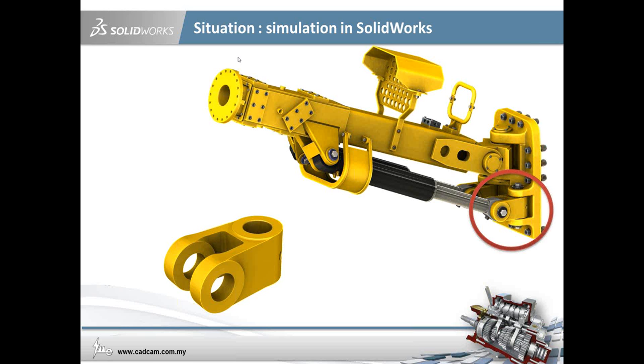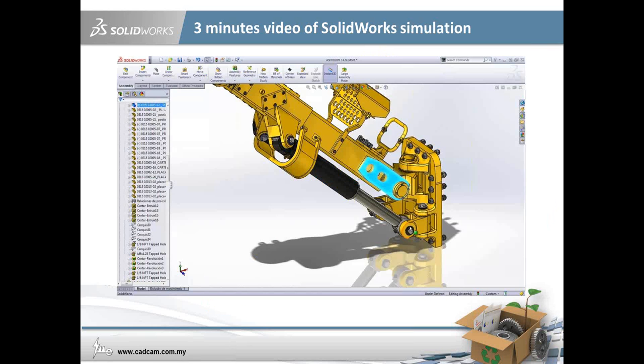The load we're looking at is around 180,000 Newtons. Again, 180,000 Newtons of load will act on this knuckle, and we want to know: is this design good or not?